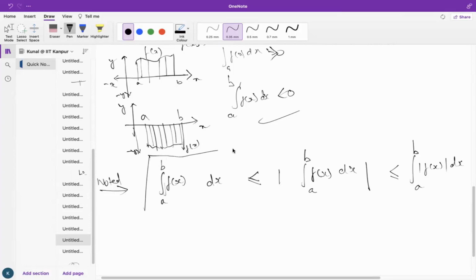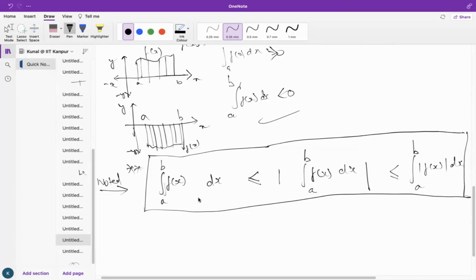What is it saying? We integrate the function f(x) from a to b, and then we put the mod. So this mod value will be greater than this. When we integrate the mod of the function, it will be the largest.